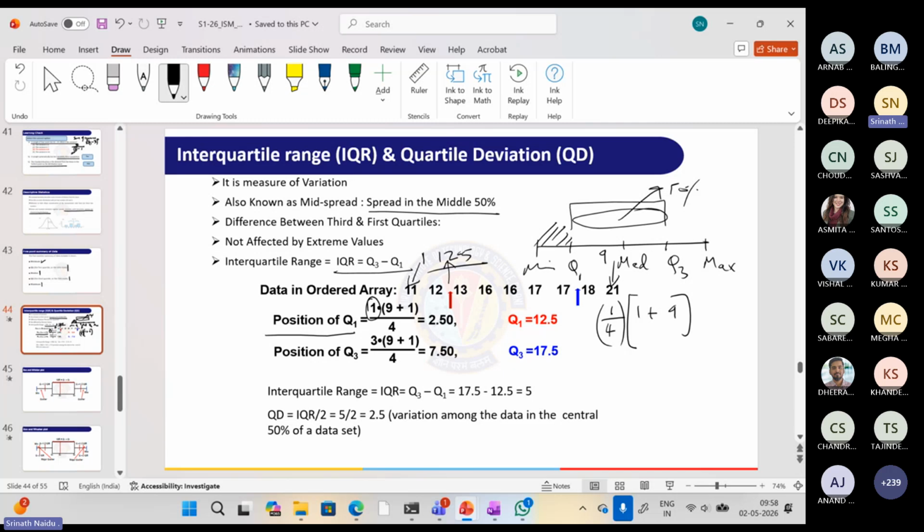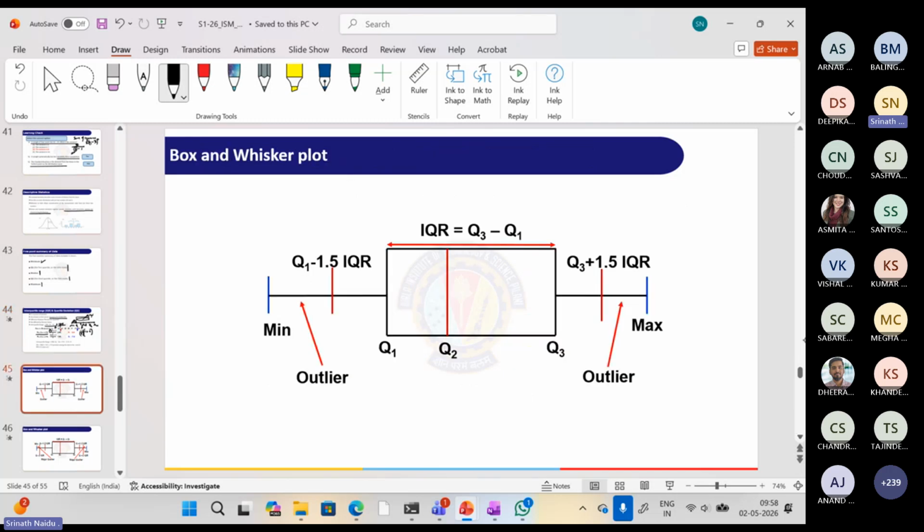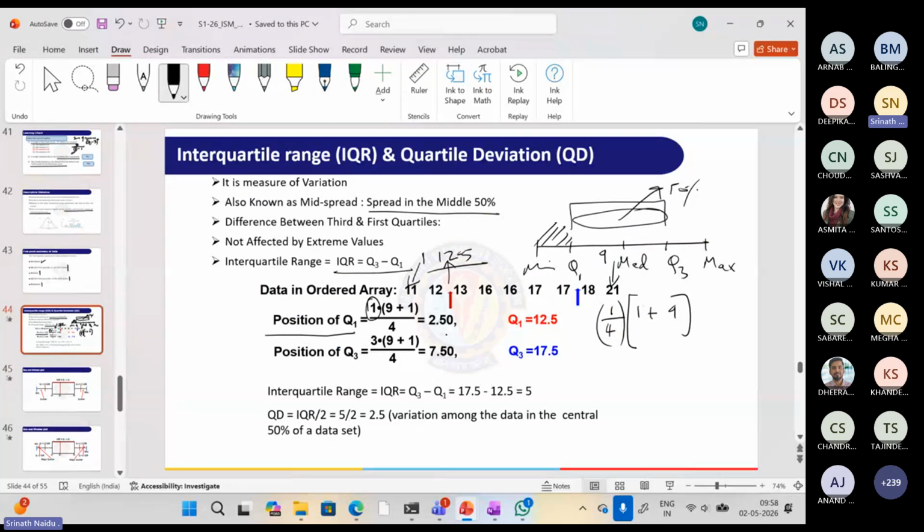So what you're doing basically is that if the position of Q1 turns out to be a non-integer like this, you say, okay, what is in position 2, plus you interpolate. So the value of Q1 can be viewed as 12, what is in position 2, plus 13, what is in position 3, minus 12, times 0.5, because it's 2.5.